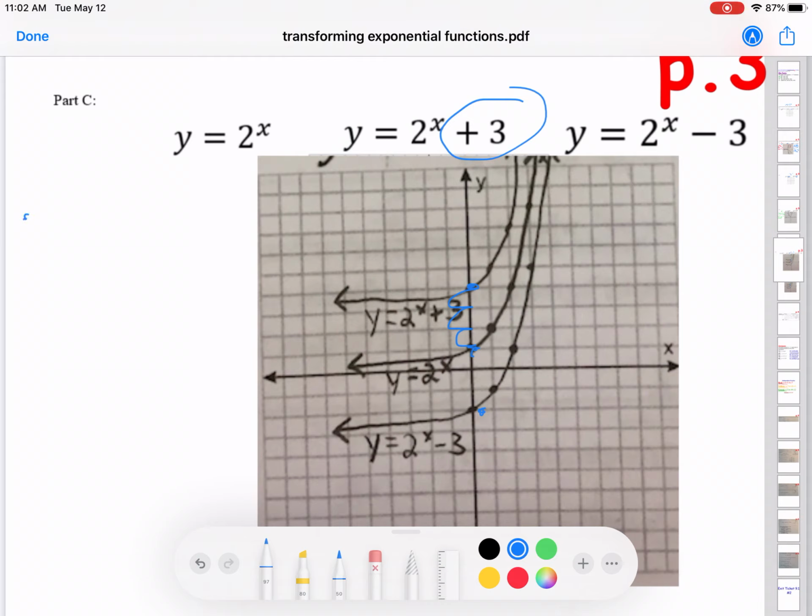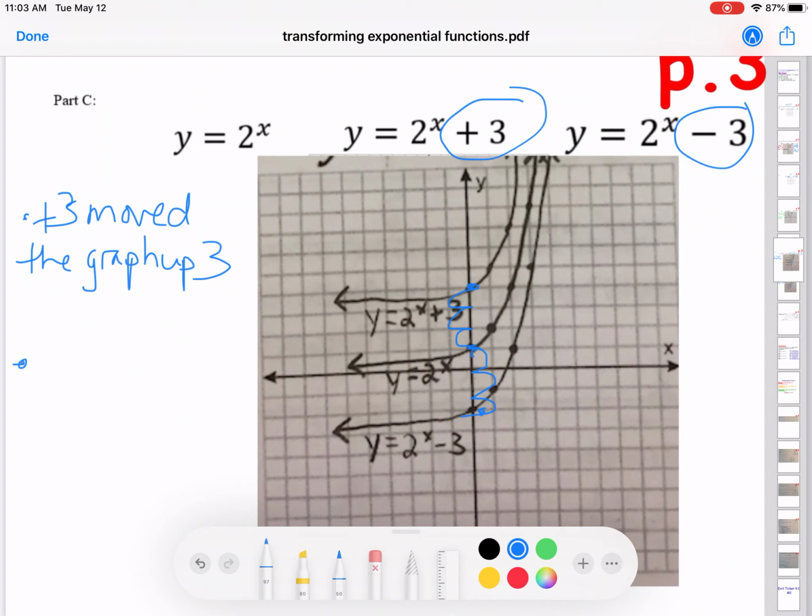So I'm going to say that the plus 3 moved the graph up 3 units. However, when we put this minus 3 at the bottom, you'll see that now our graph moved down 3 units. I didn't change the steepness or anything else.